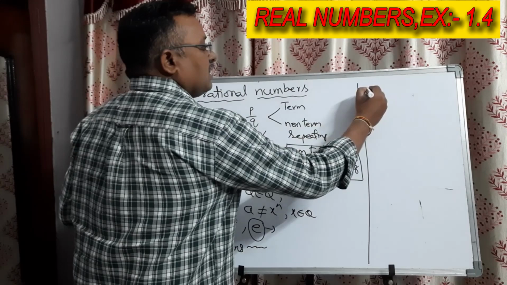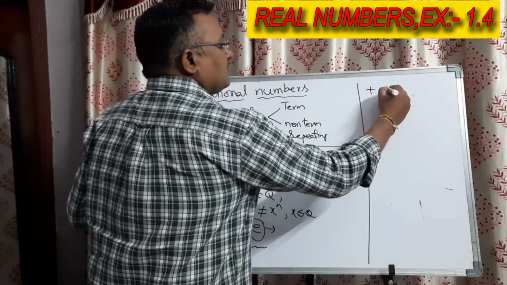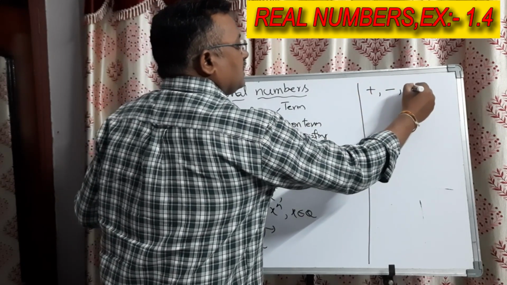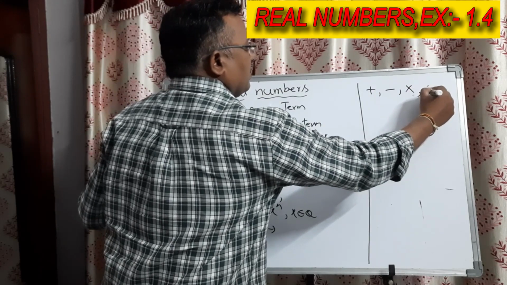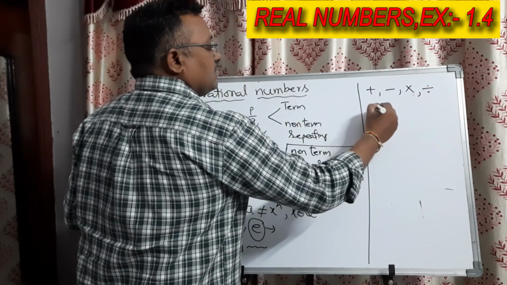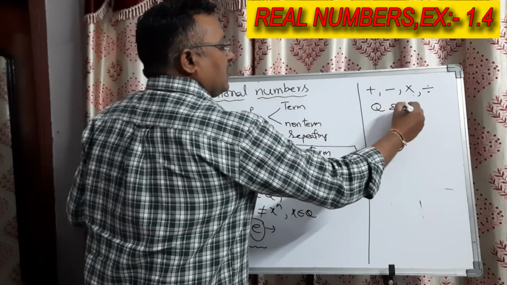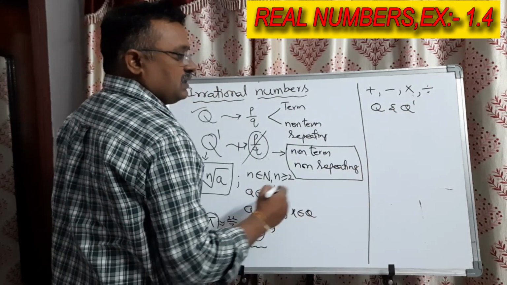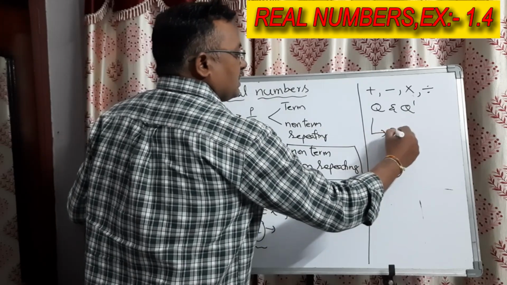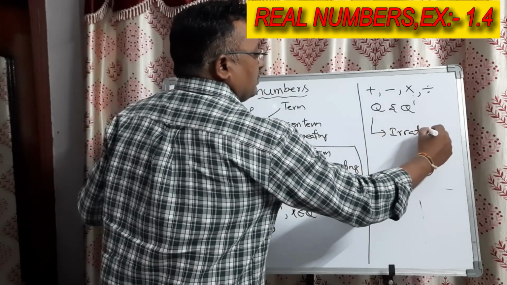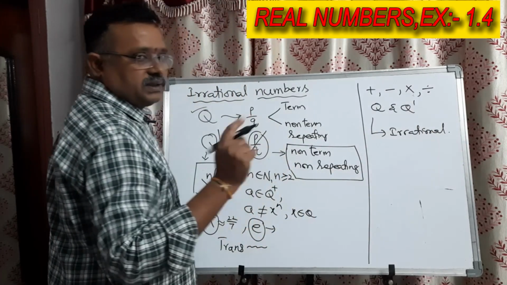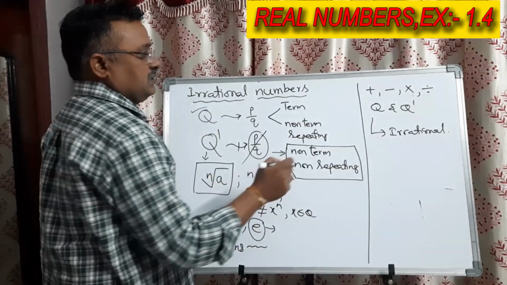The sum, difference, multiplication or division of a rational number and an irrational number is always irrational. Remember that, in bits they will ask you.